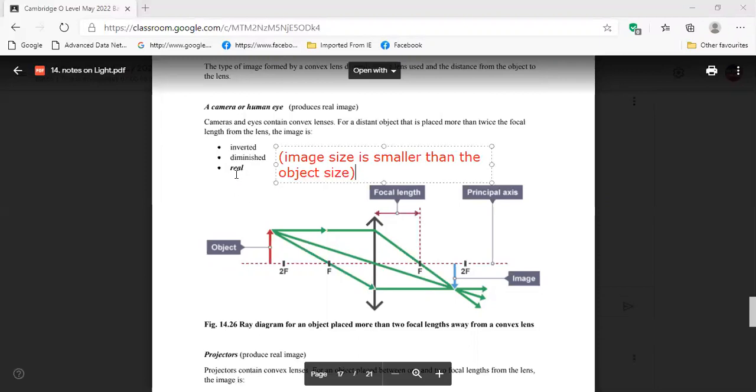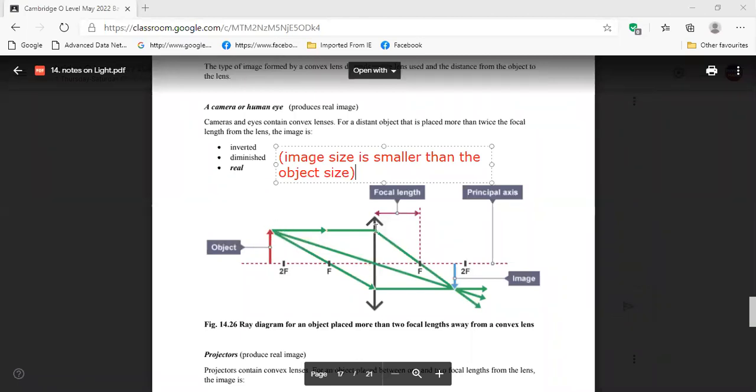After finishing writing the properties, you please draw this diagram. It's very important to draw. And while you are drawing, draw with a ruler correctly.